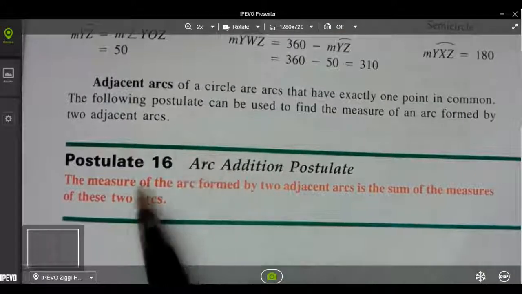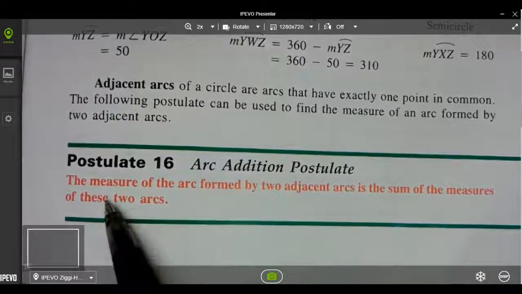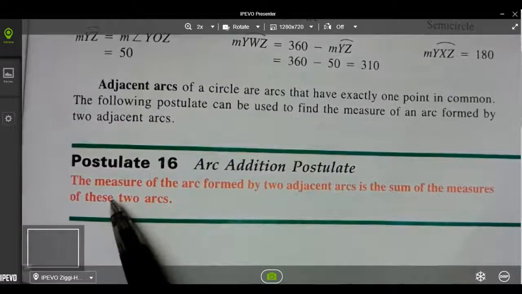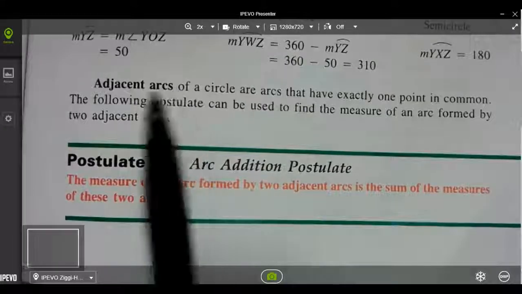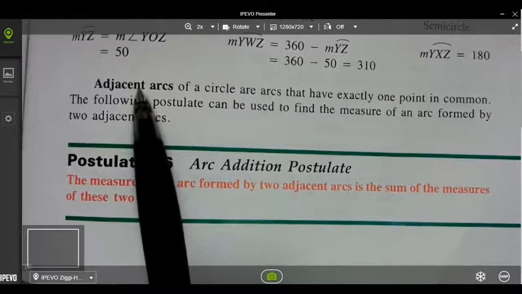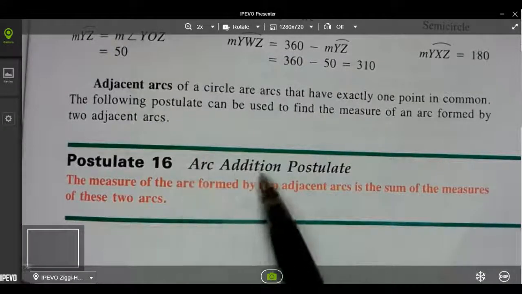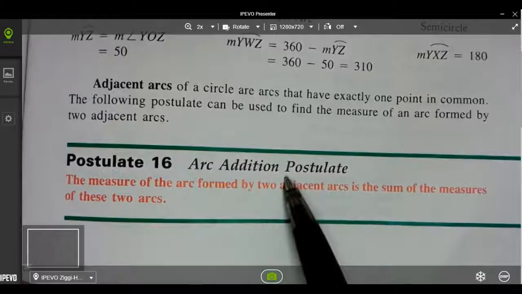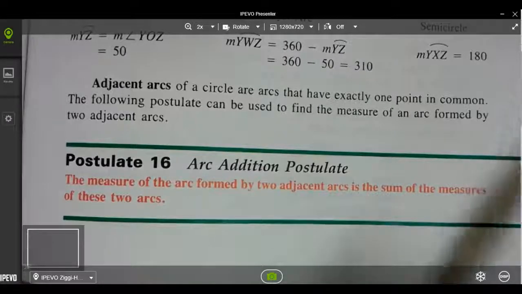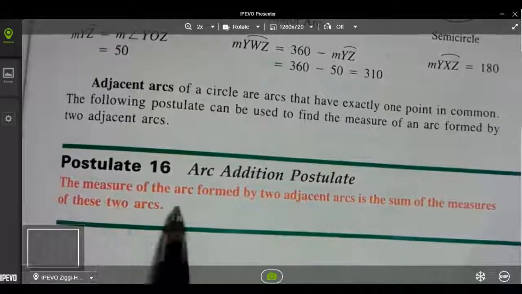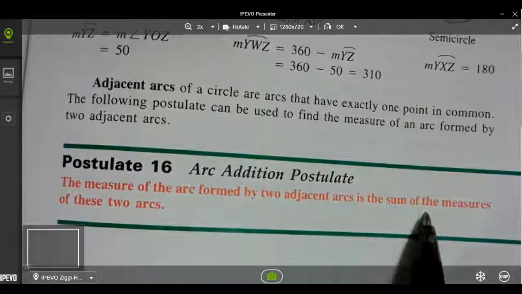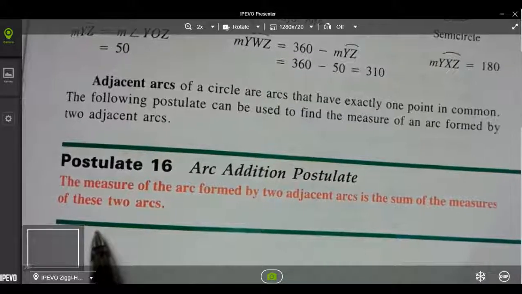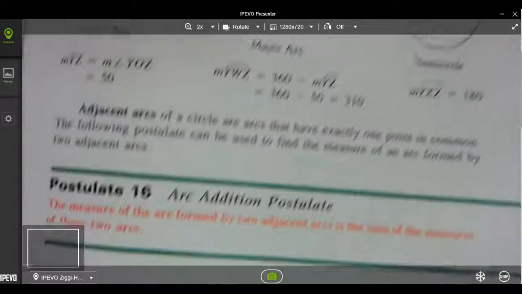There are postulates and properties relating arcs. When arcs are adjacent to each other, 2 arcs or 3 arcs, we can use addition postulates, just like we did in segment addition postulates or angle addition postulates. So the measure of an arc formed by 2 adjacent arcs is the sum of the measures of the 2 arcs.